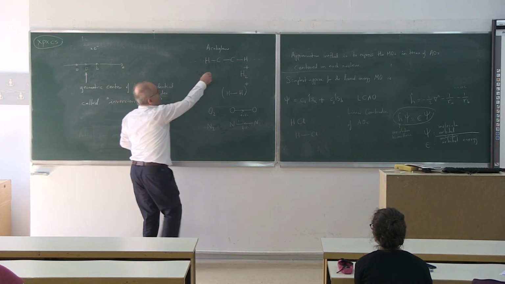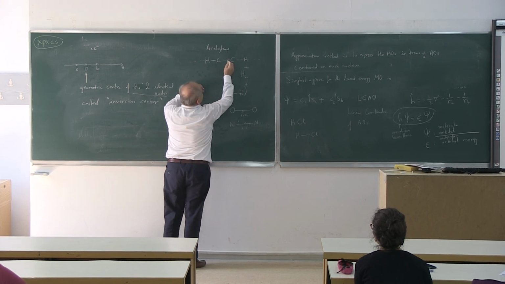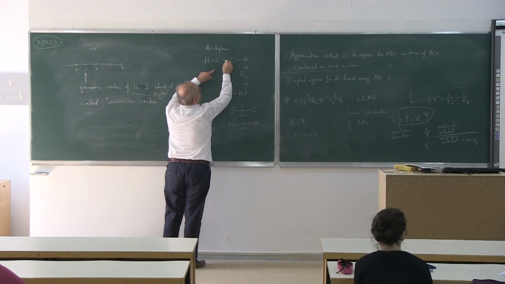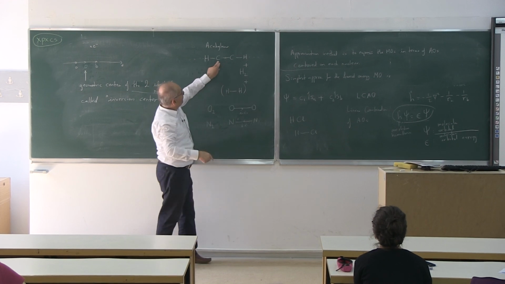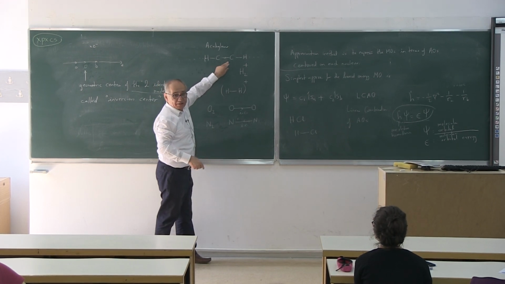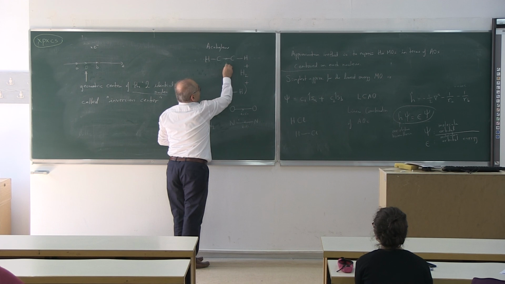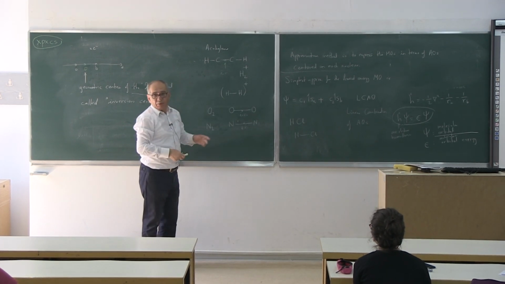So in this case also, the geometrical midpoint of the molecule is the point between the two carbons, exactly the middle of the bond here. This is also an inversion center for this molecule. Why?